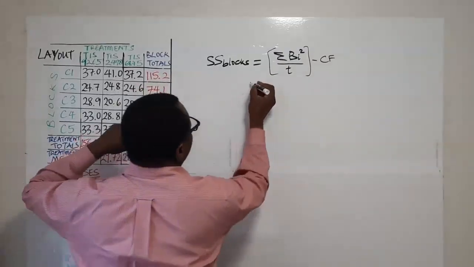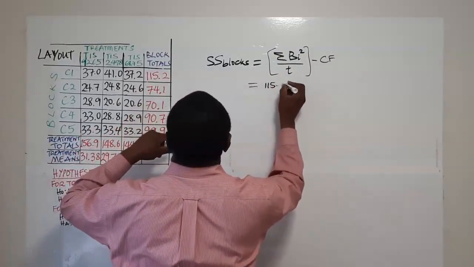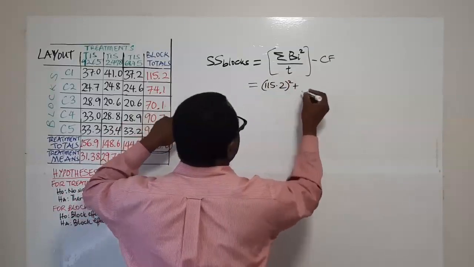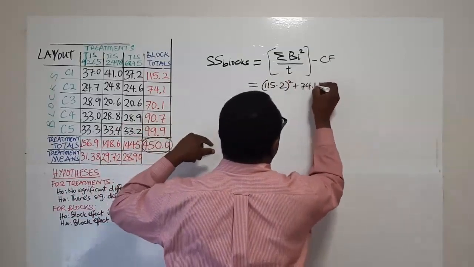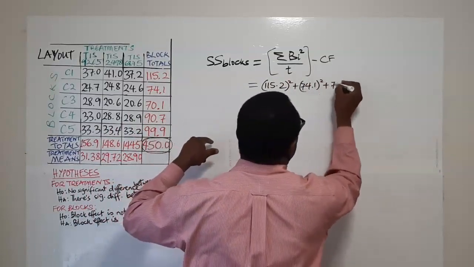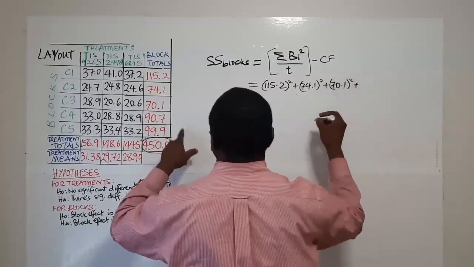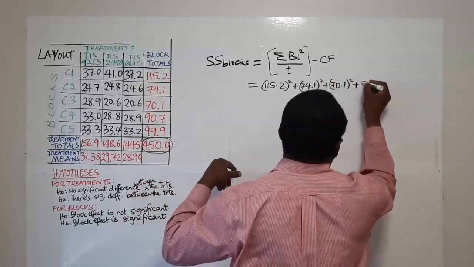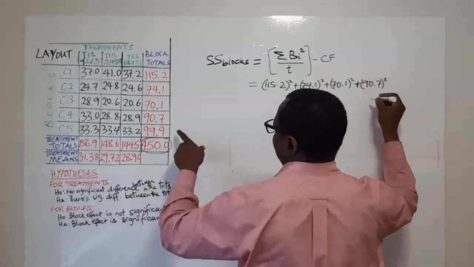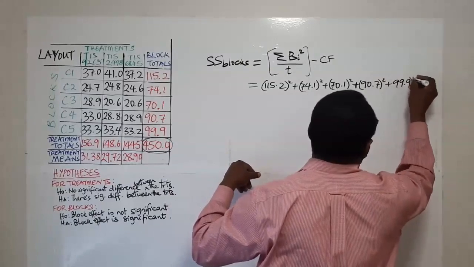So we'll say this is equal to 115.2 squared plus 74.1 squared plus 70.1 squared plus 90.7 squared, and finally plus 99.9 squared.